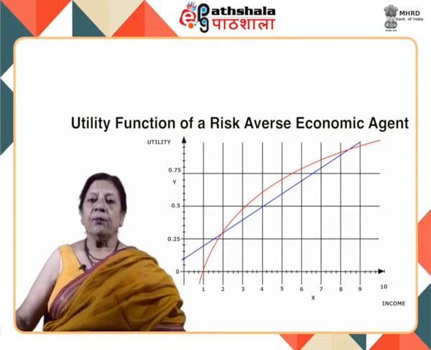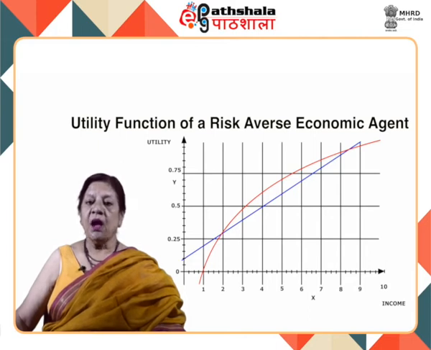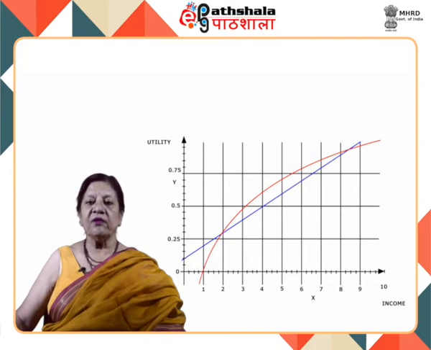The utilities pertaining to those incomes are 0.3010 or 0.9031, each occurring with a probability of 0.5. Clearly, the individual or economic agent prefers a certain prospect of 5 units of income to a risky prospect of an expected income of 5 units.